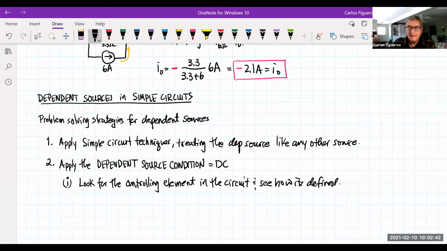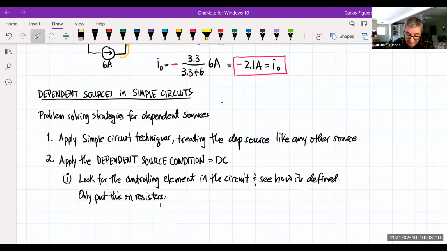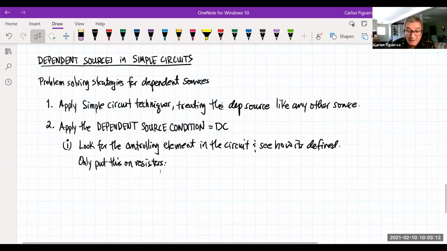In the beginning, you're going to see that it's going to be quite easy. The reason why it's going to be quite easy is because we're only going to focus on resistors. So in the beginning, we're going to only put this on resistors. What I mean by that is go look for the resistor which is going to be the controlling element.